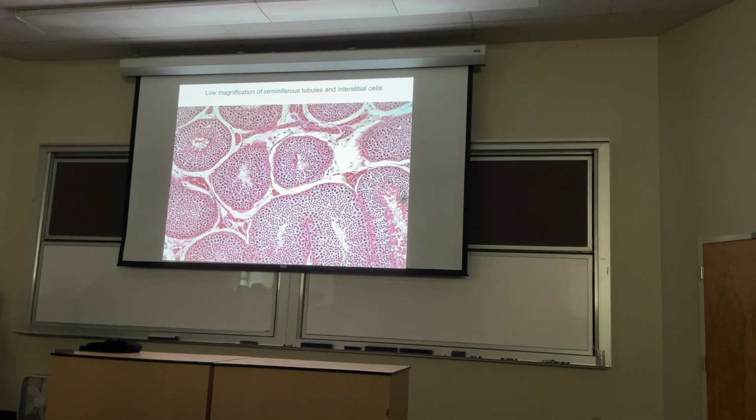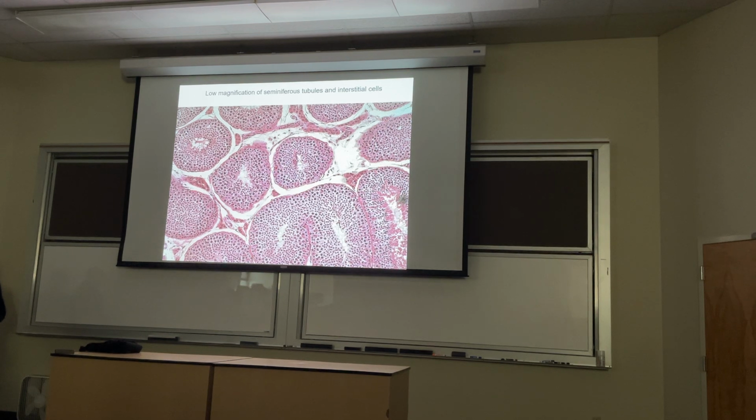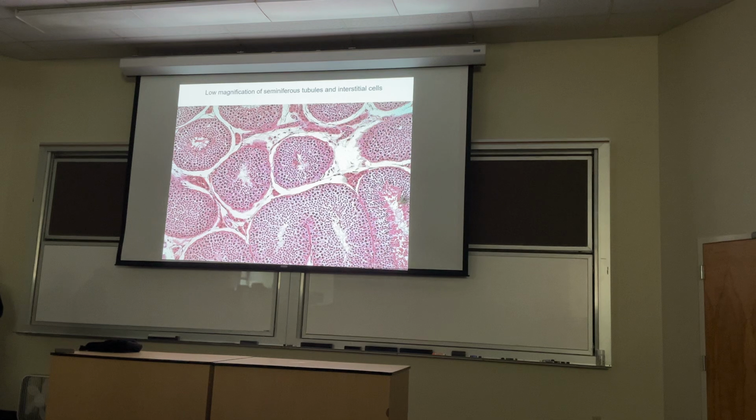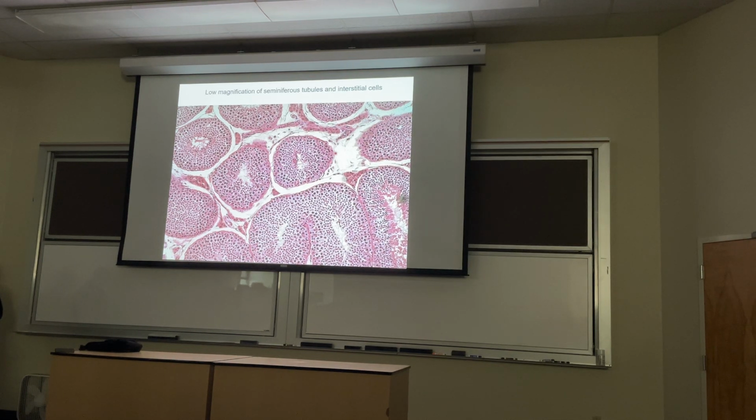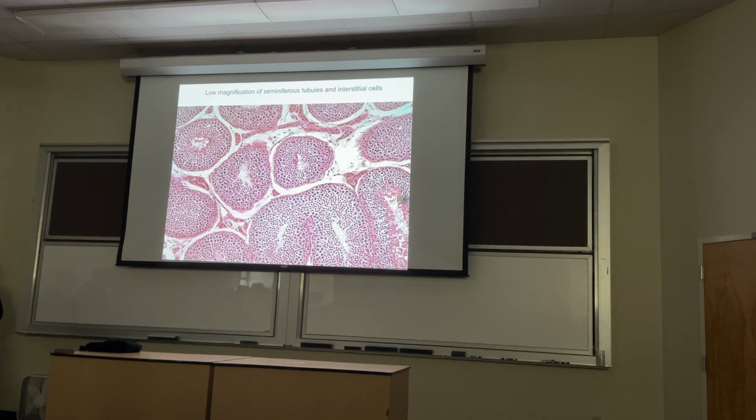The less mature cells are to the outer parts of the seminiferous tubules. As you go deeper towards the lumen, you get more and more mature cells. So the sperm cells would be these here. And we're going to have multiple slides looking at these and identifying these different cell types.